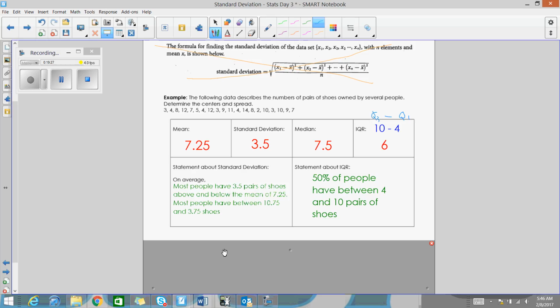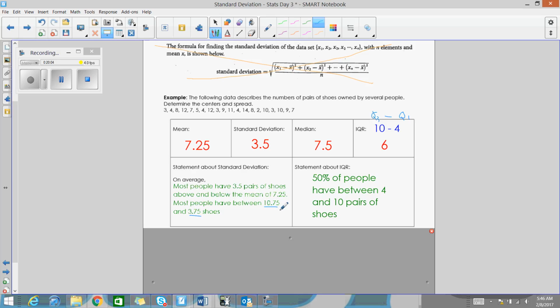Most people have 3.5 pairs of shoes above and below the mean of 7.25, which means most people have between 3.75 and 10.75 pairs of shoes, because you add 3.5 to 7.25 to get 10.75, and then you subtract 3.5 to get 3.75.